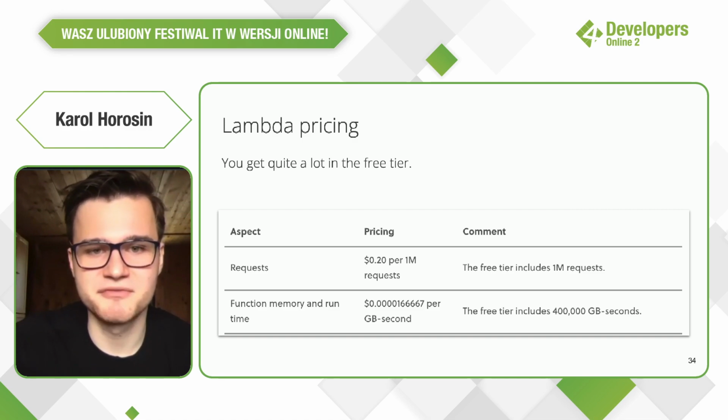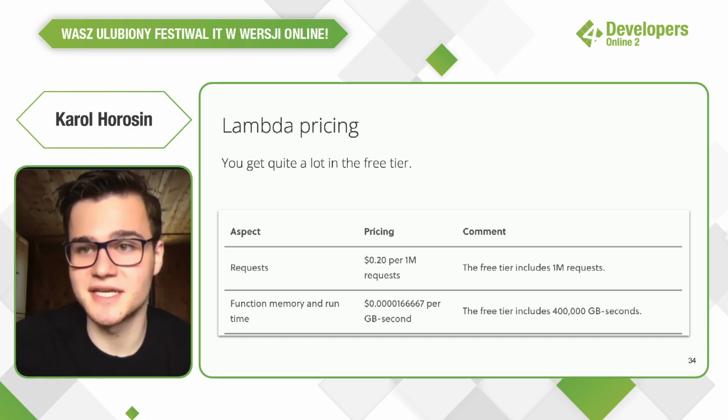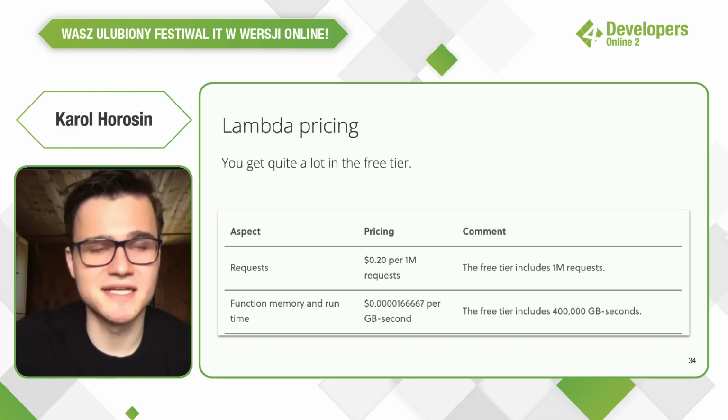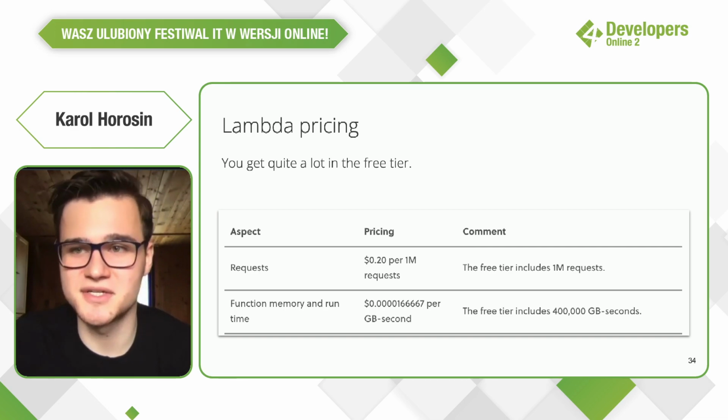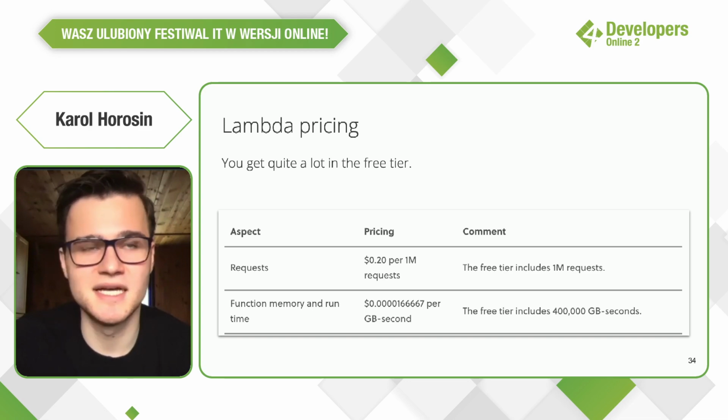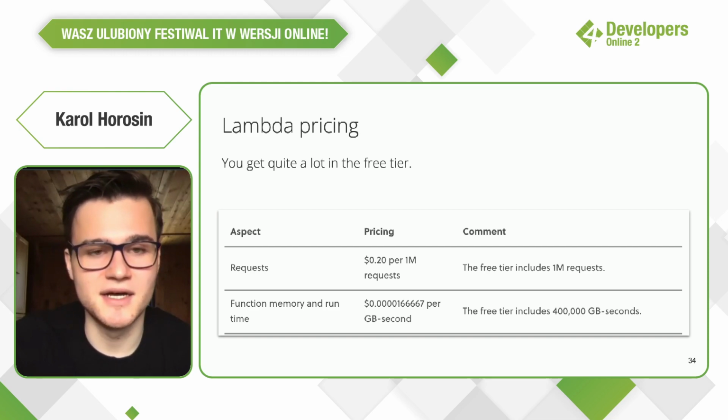So the free tier gives you 400,000 gigabyte seconds, and gigabyte second means basically how much RAM time you used. We used 128 megabytes, so 400,000 gigabyte seconds gives you a pretty good margin for over a million requests.